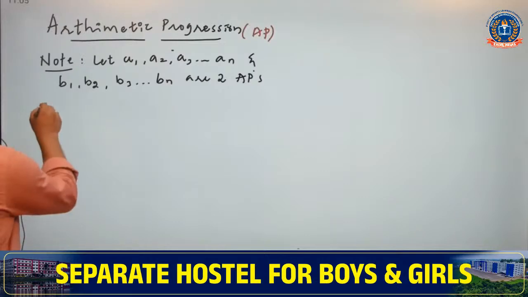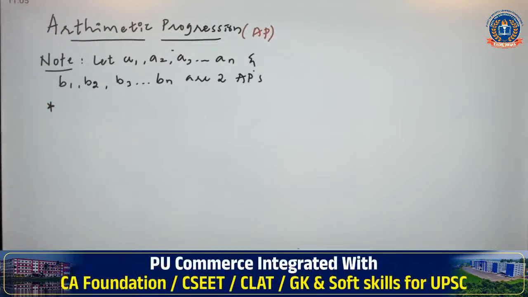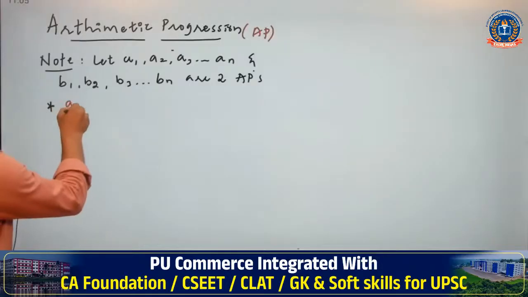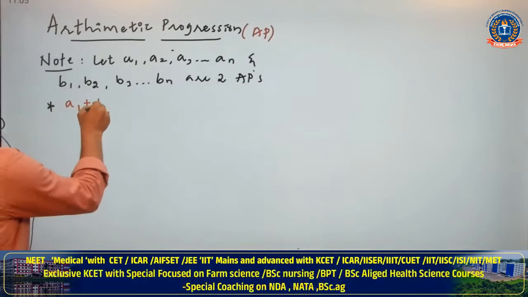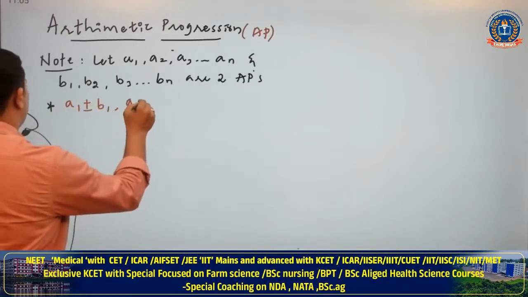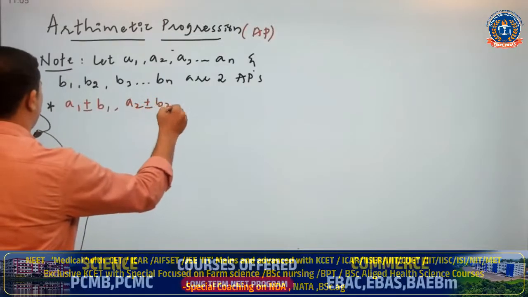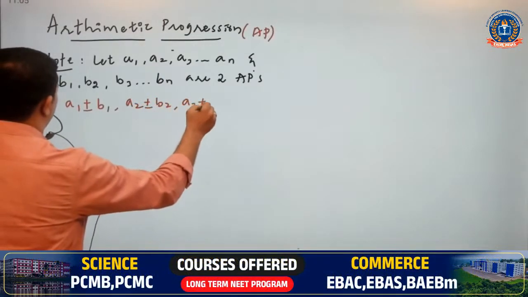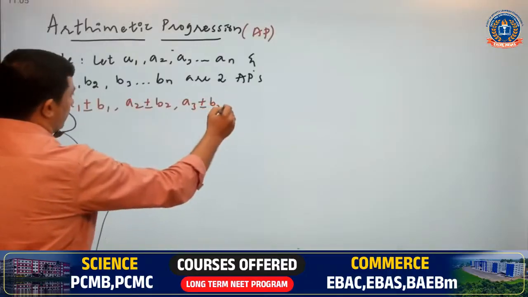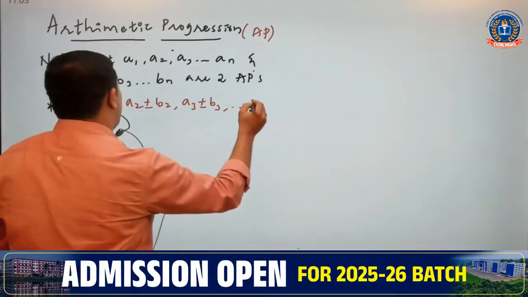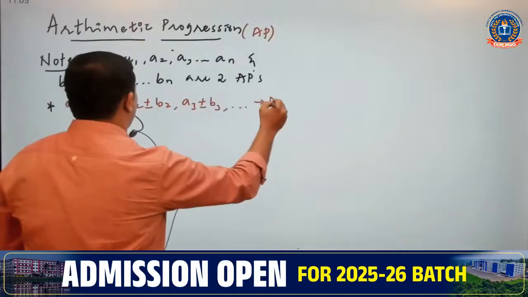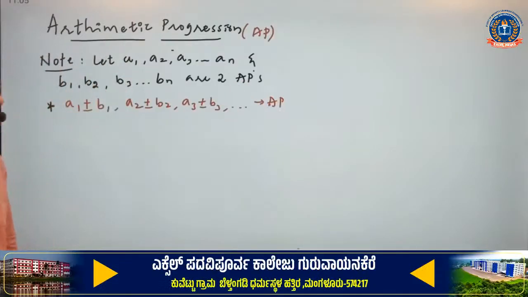Then the first point, what we can write: A1 plus or minus B1, A2 plus or minus B2, A3 plus or minus B3 will be an AP only. The resulting answer is an AP.